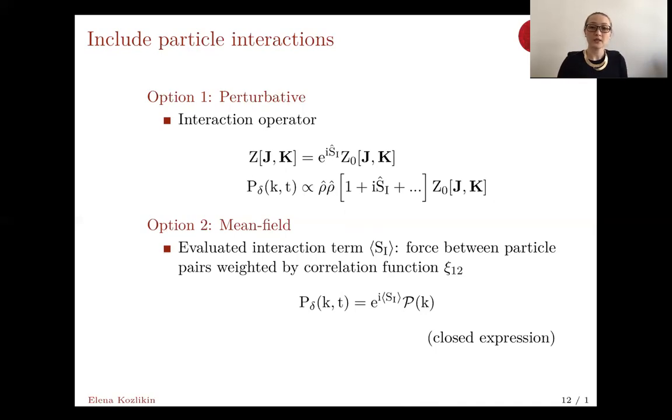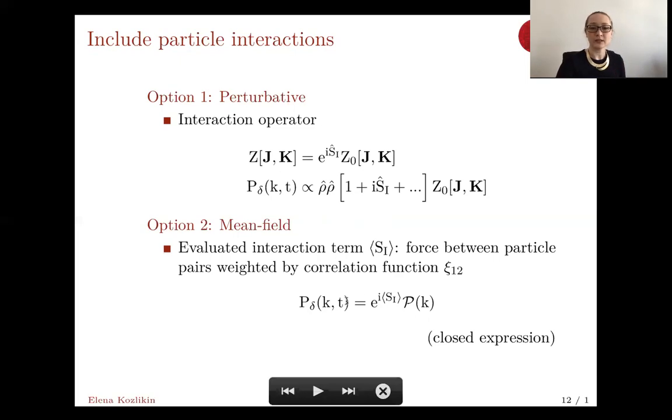Another way is to ask basically every particle about the average force it feels from all the different particles. So we put ourselves in the position of each particle and compute the average force. In a homogeneous and isotropic universe, this net force is 0. But we weigh the force that each particle experiences from another particle by the respective correlation function, so that we do get a net force.